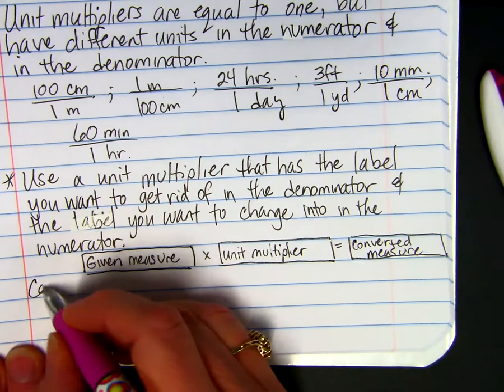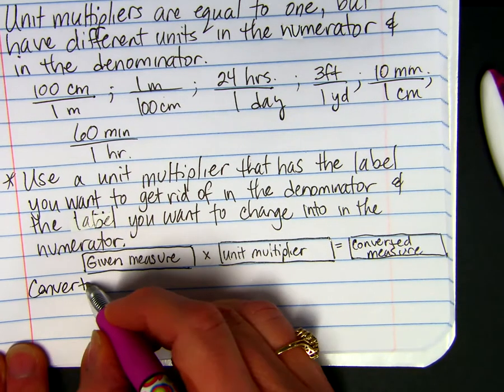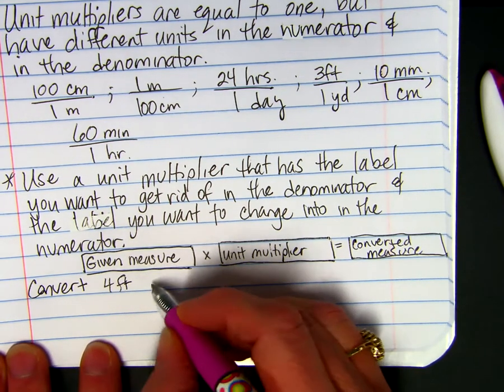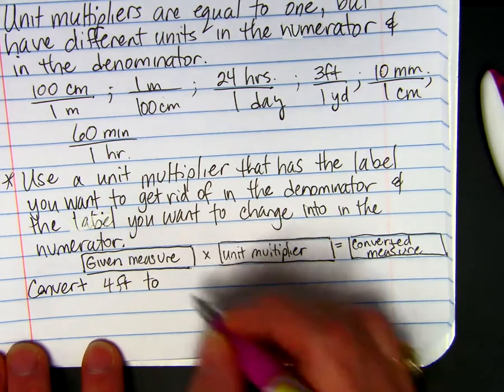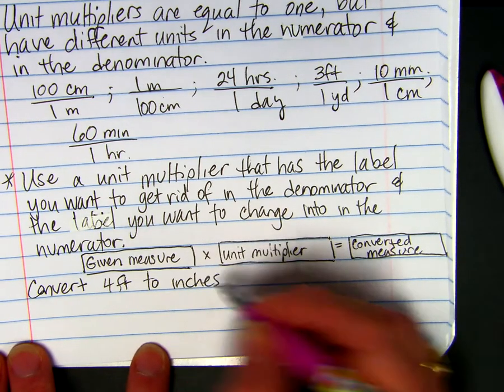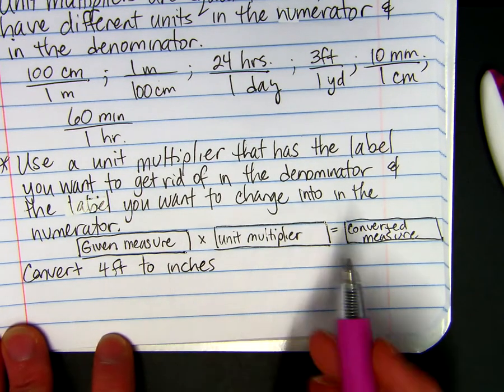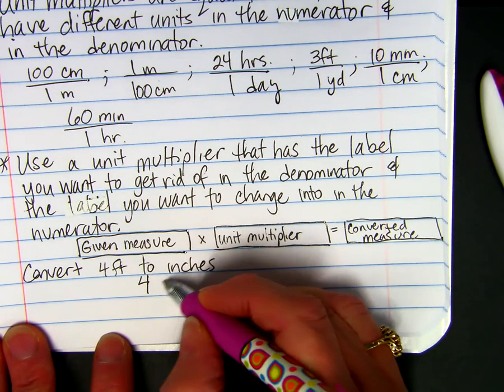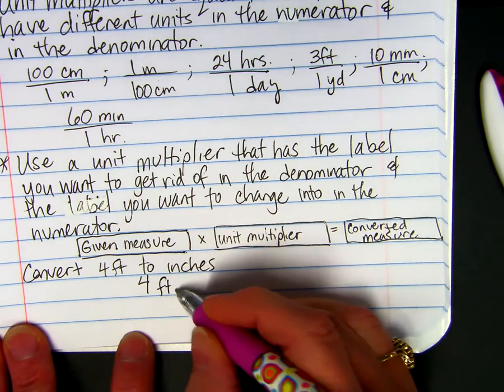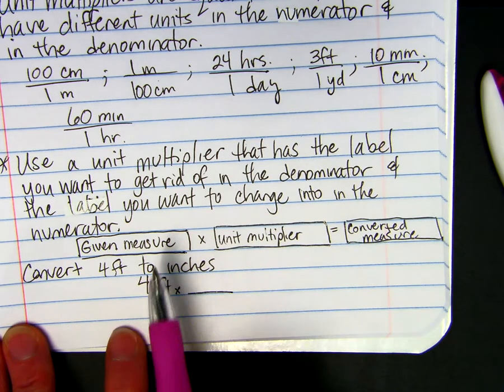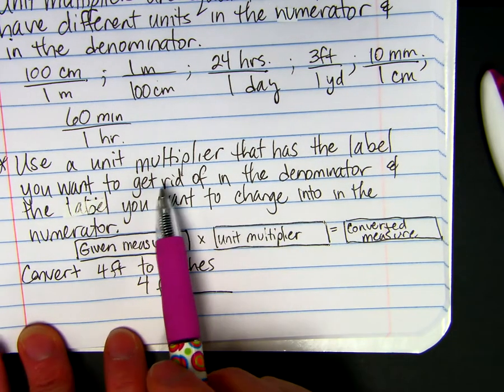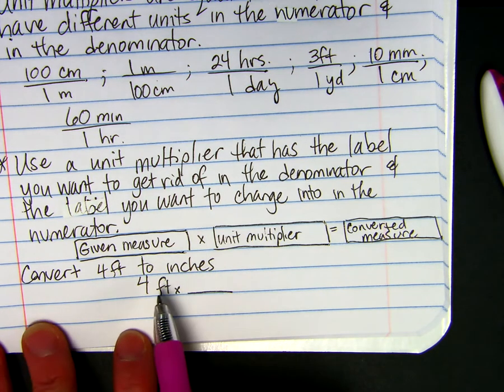So if we were asked to convert 4 feet to inches, we write down our given measure, which is 4 feet. We times it by a unit multiplier. You pick a unit multiplier that has a label that you want to get rid of.